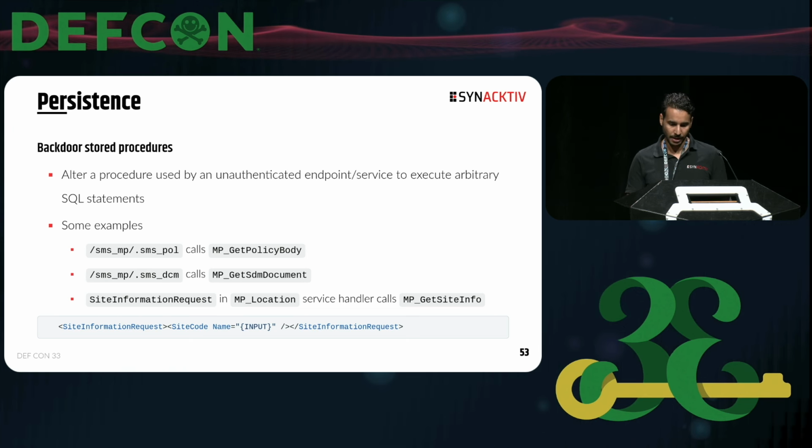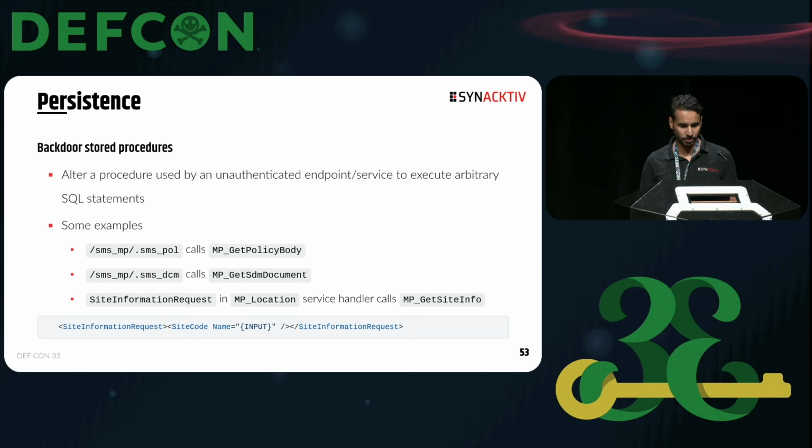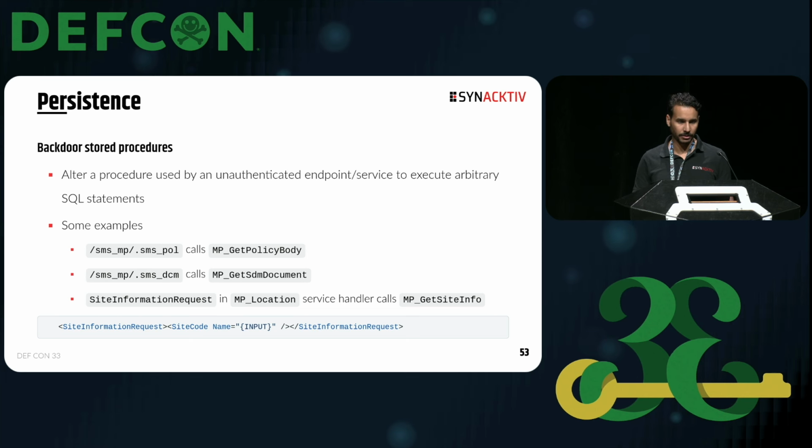And here below, you have some examples of unauthenticated endpoints exposed by the management point and the stored procedures they call. The first two are for downloading policies and script documents, which call MP get policy body or MP get SGM document.